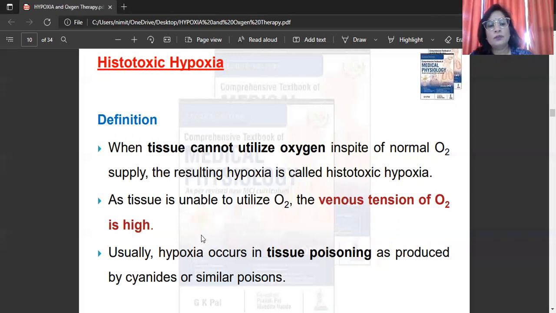As tissue is unable to utilize oxygen, the venous tension of oxygen is high.